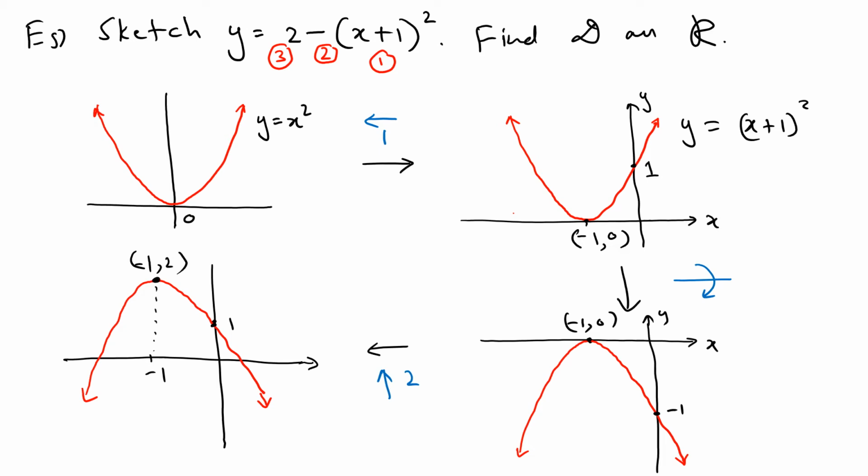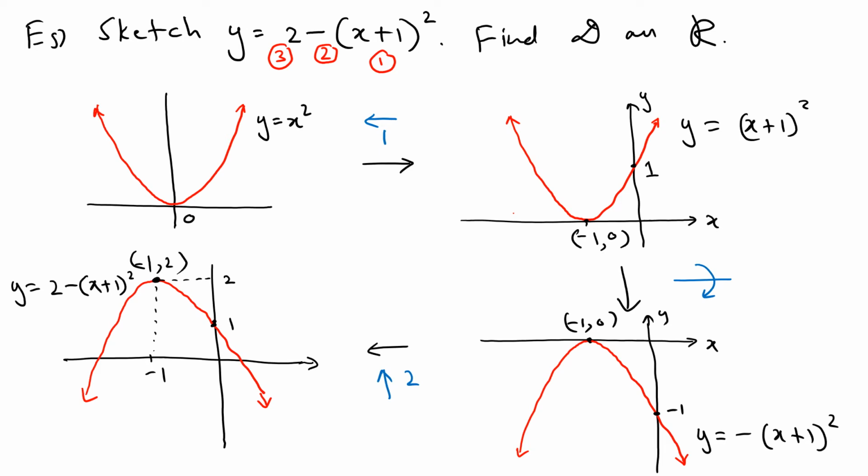Good. So what's the domain of this function, and the range of this function? Actually, this point is 2 now because it's lifted up by 2. So we change the y coordinate of the vertex by 2, from 0 to 2. And so now the equation is y equals minus x plus 1 squared, plus 2. Before, this one was y equals minus x plus 1 squared only, but now we lifted it by 2.